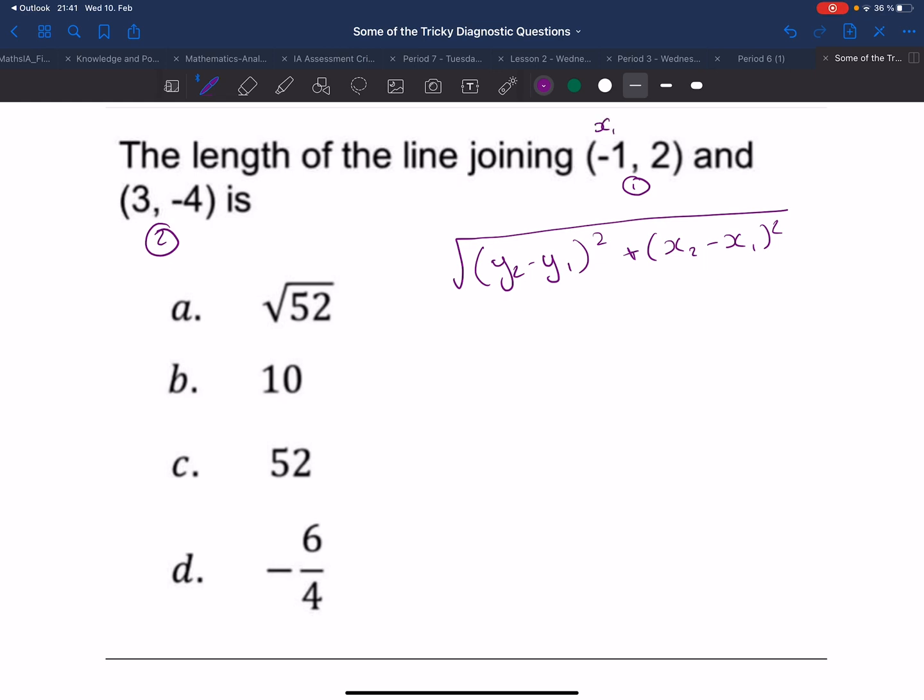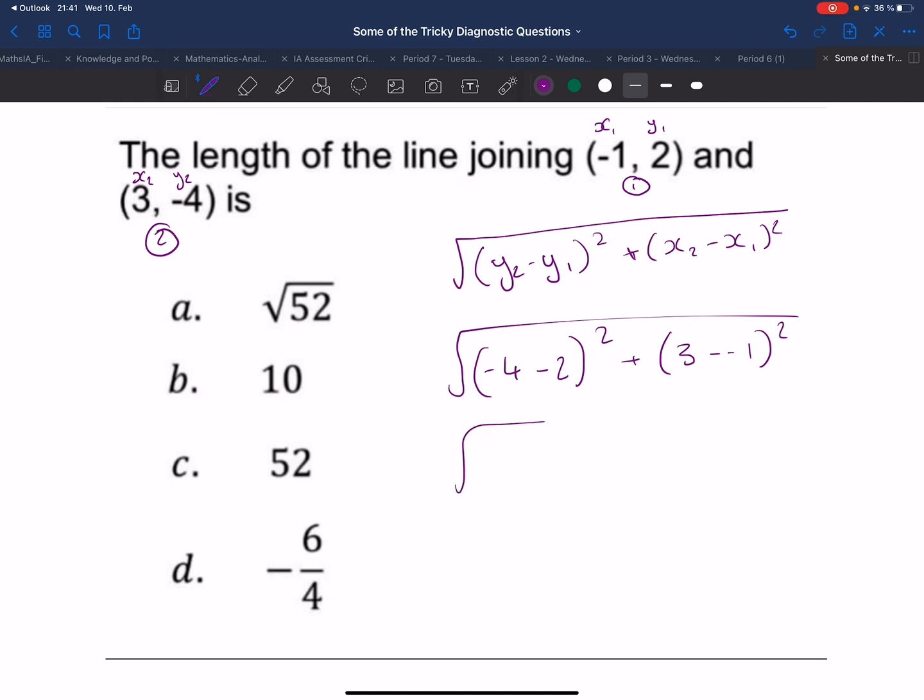So that means that will be our x1, y1, x2, y2, and then I can just substitute that into this formula. So I will have y2, which is -4, minus 2 squared plus 3 minus -1 squared.